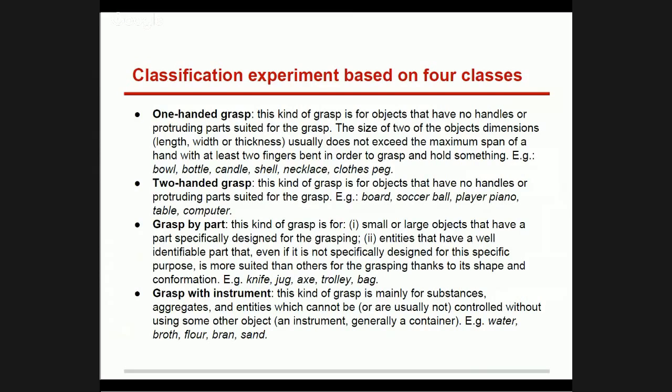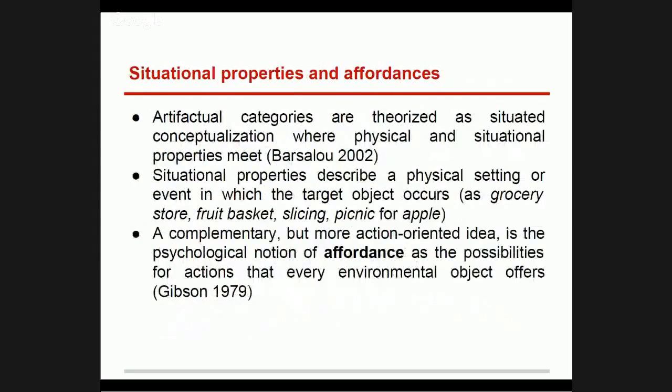So basically, if you think about how you can handle an object, if you want to teach a robot to do this, you can encode this information, or you can try to have some learning strategies. And the poster is about a first study in this direction. We try to combine 2 kinds of information. One is situational properties.